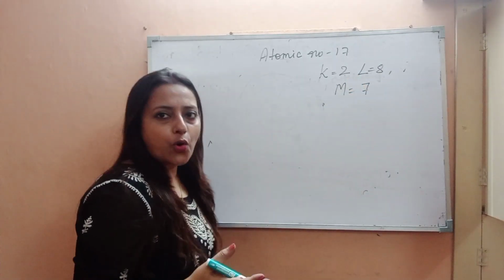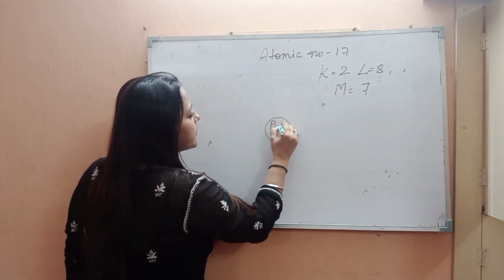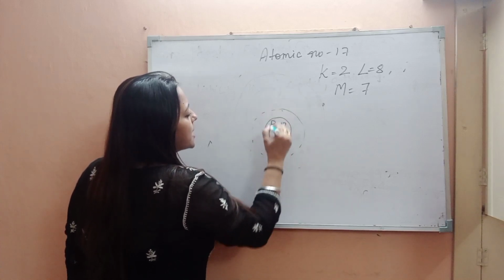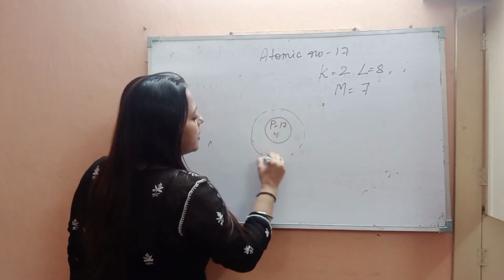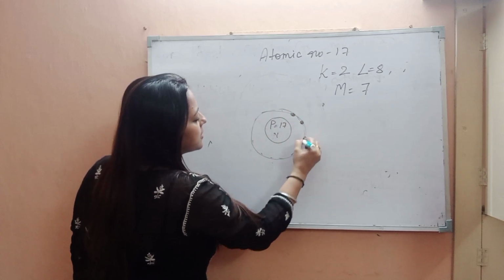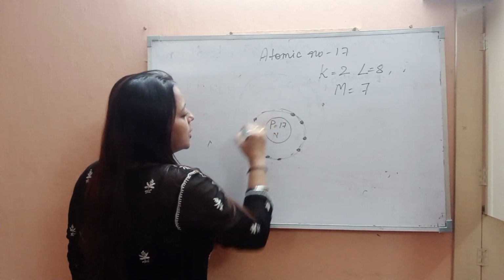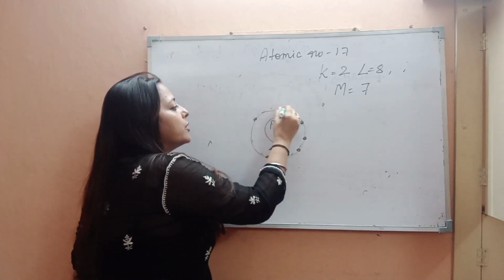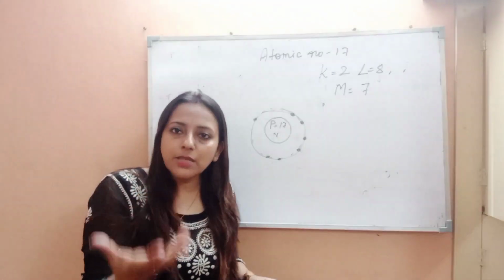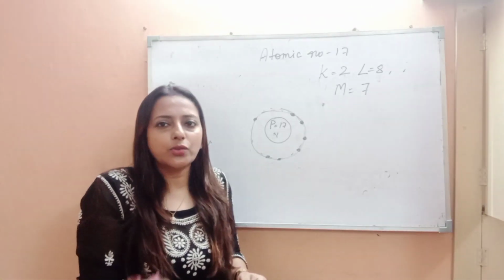I am making the last orbit only, with the nucleus and the last orbit having 7 electrons. For chlorine, it is easier to gain 1 electron.